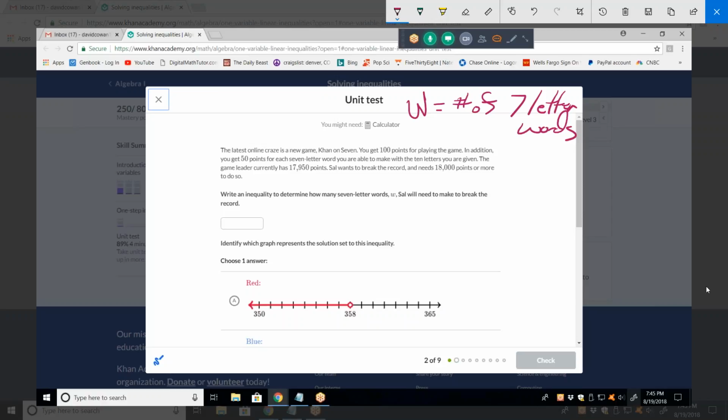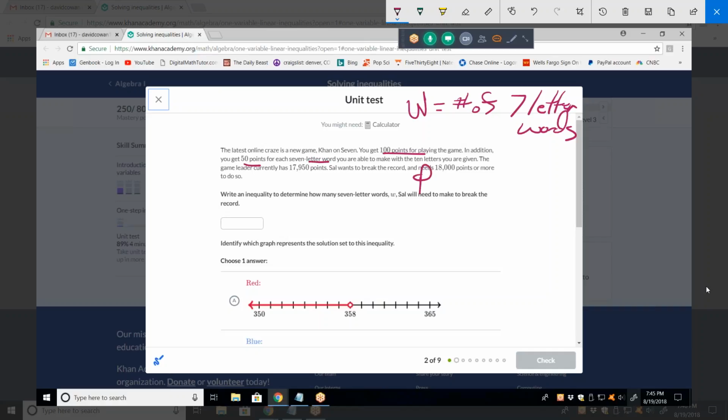Okay, you get 100 points for playing the game. In addition, you get 50 points for each 7-letter word you're able to make with the 10 letters you are given. So number of points, that's another variable.